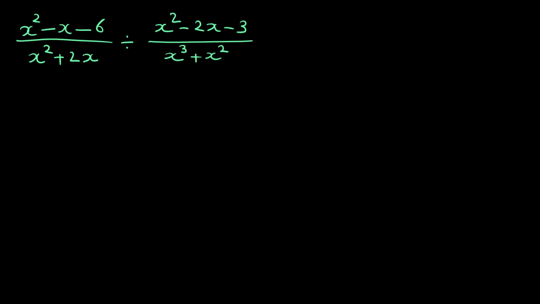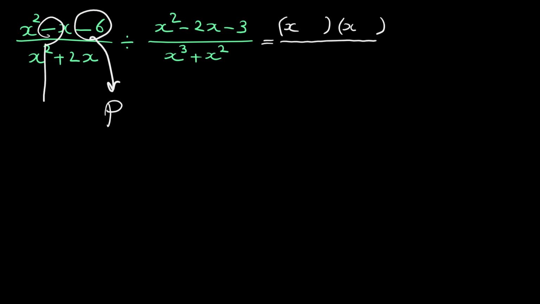This is another example of dividing two rational expressions: x to the 2 minus x minus 6 over x to the 2 plus 2x. We can factor this trinomial again. In this way, we put x in each bracket. Then we look for two numbers whose product is negative 6 and whose sum is negative 1.